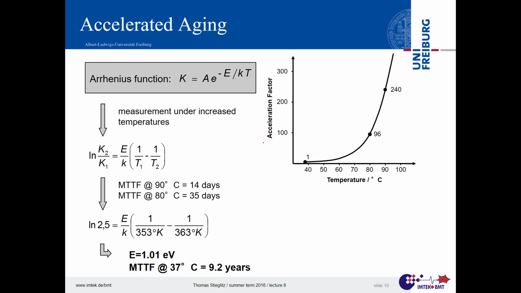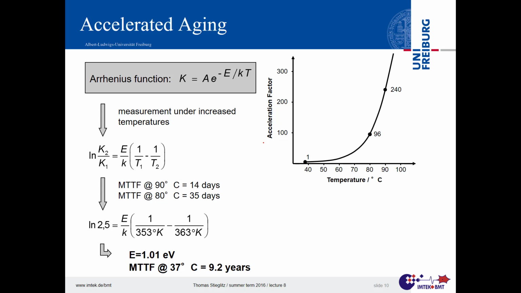And if we have that, we can use the equation, say, well, if it fails at 90 degrees C within 14 days, at 80 degrees C it fails after 35 days. With that, we get the activation energy out of that, and we can predict that the mean time to failure, MTTF, at 37 degrees, so body temperature, would be 9 years.